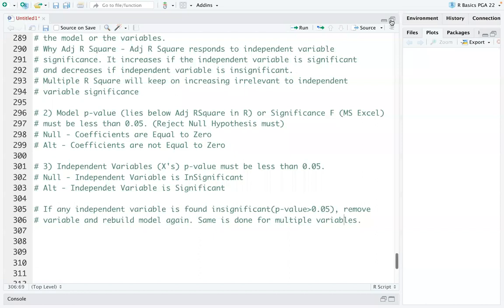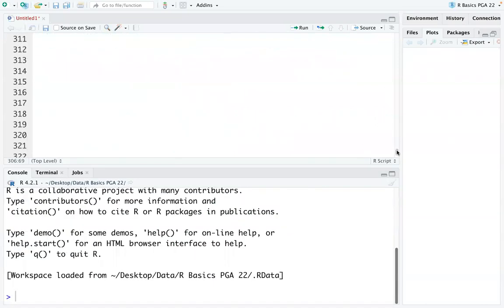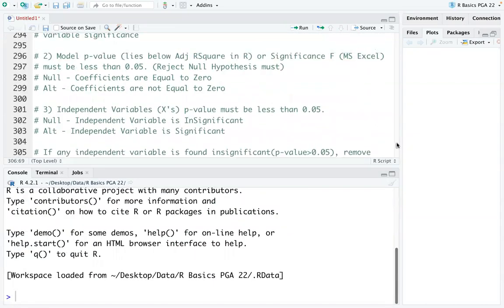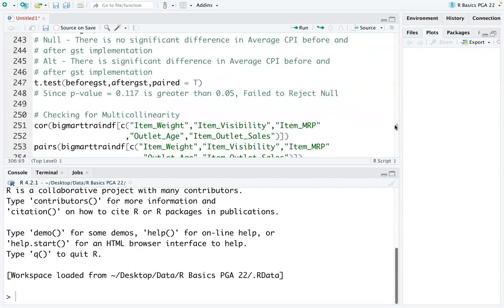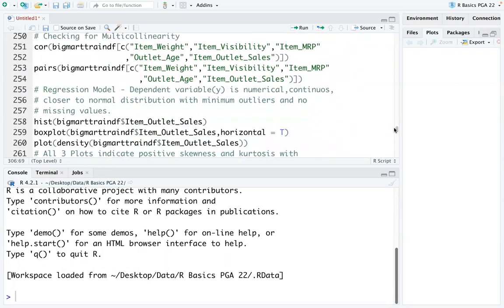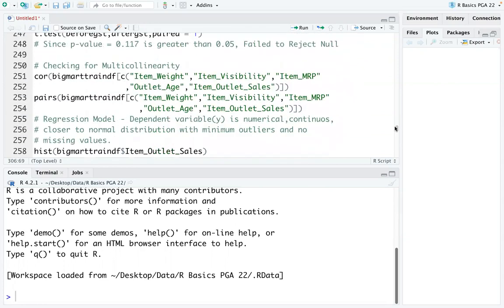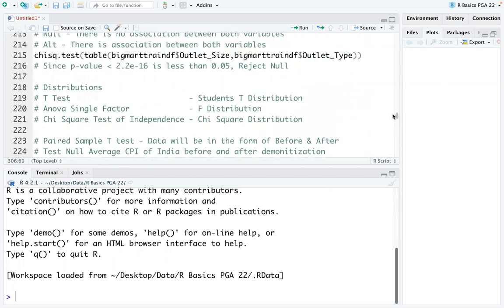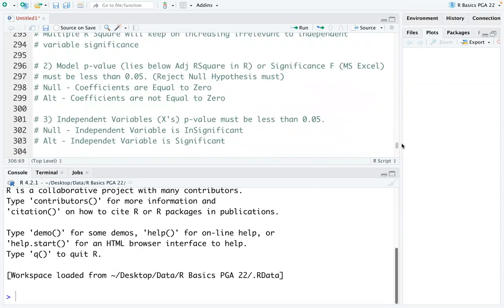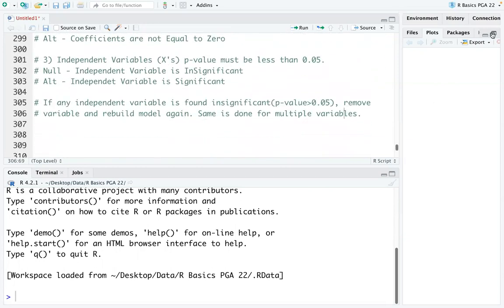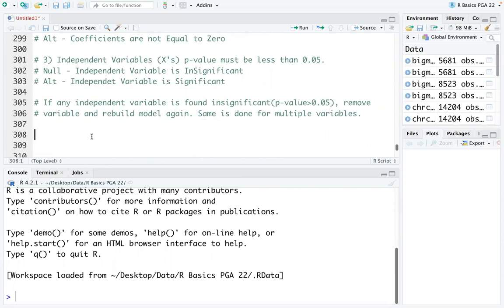So let us build a model for our data, which is our Bigmart train DF. We have our final data with all the imputations, ready to build a model.